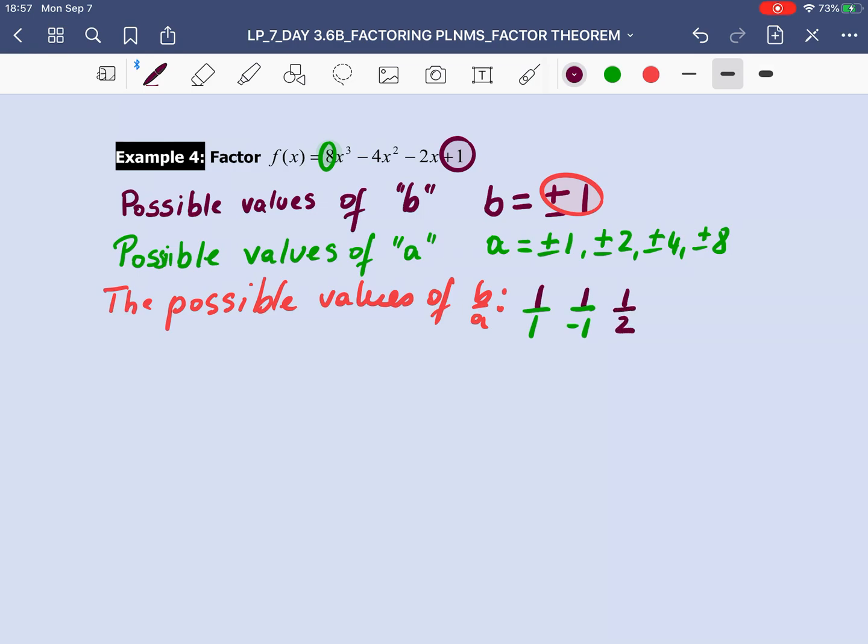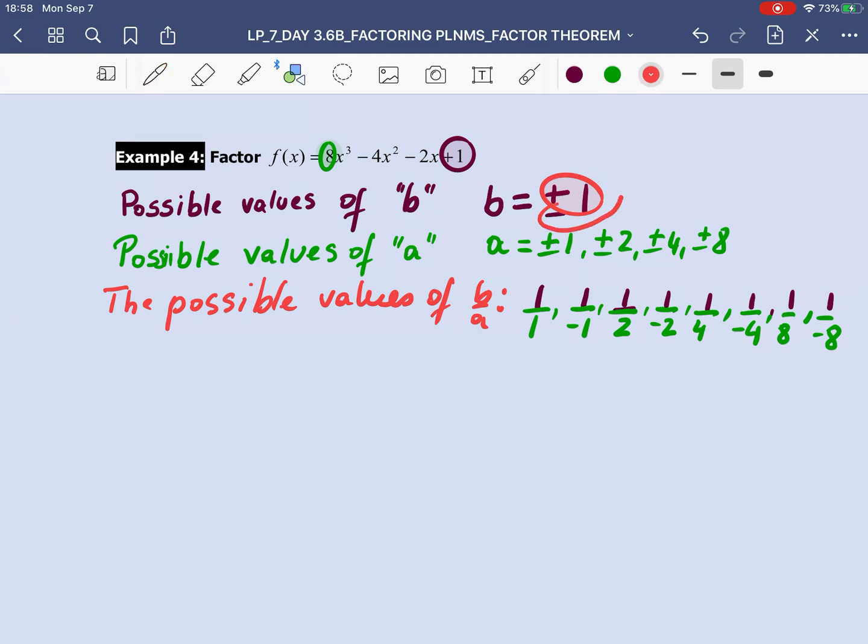And then 1 over 2, and then 1 over negative 2, and then 1 over 4, and then 1 over negative 4, and then 1 over 8. And last, 1 over negative 8.